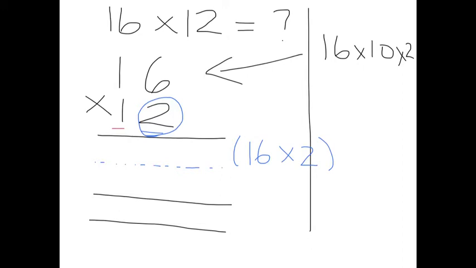So actually, what you could say is let's not worry about our 10. Let's just worry about our 2. I've made my 10 invisible just for the minute, and I'll show you why in a minute. If I said 6 times 2, 6 2's, I would get my answer as 12. Just hang on one second.